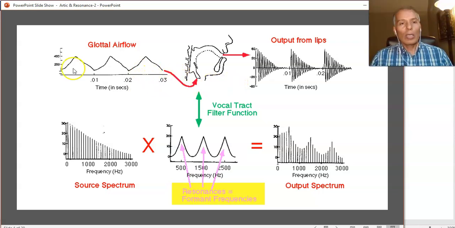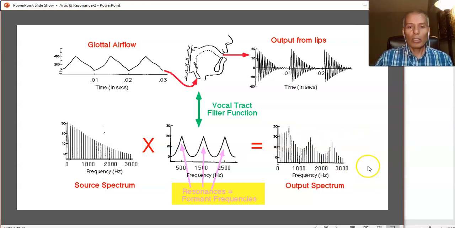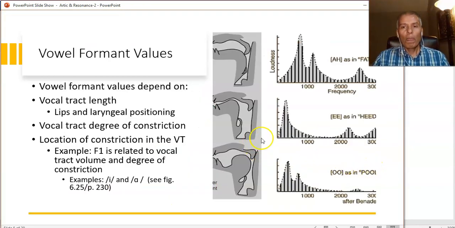The most important formants, as we explained, are first, second, third, and to some extent the fourth one. So in the end, you combine the source spectrum with the glottal airflow, and you get this pattern, so that you can see the attenuation and the amplification. So that's what we mean by source filter theory.